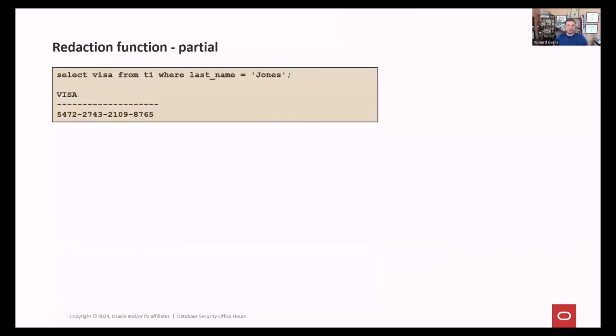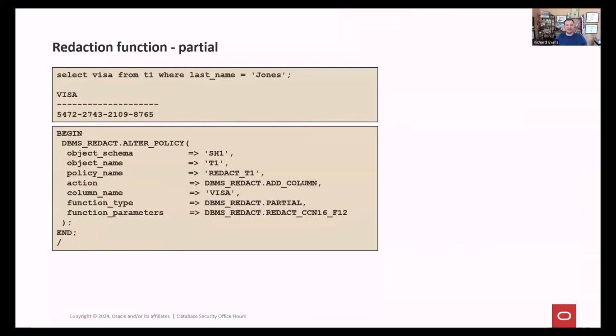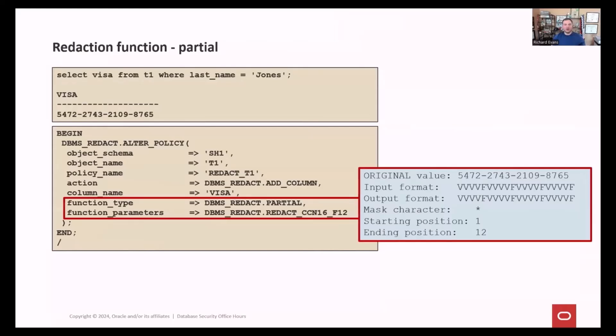But if you're doing it on a column data type that is something we know, like a Visa, for example, here you can see that the function parameter isn't something that you specified here. It is something that comes out of our built-in library. So we've got a built-in library of some of the most common functions that you can use on your data. So in reality, here's the original data. Here's the input parameter that we've pre-created for you.